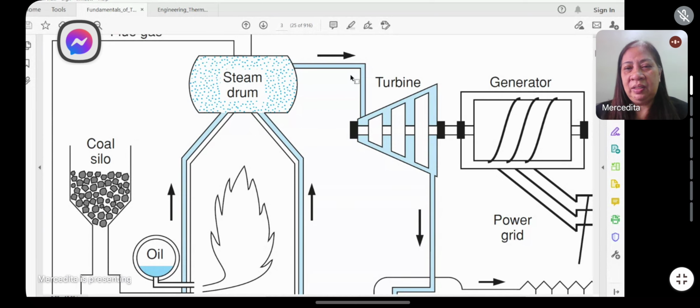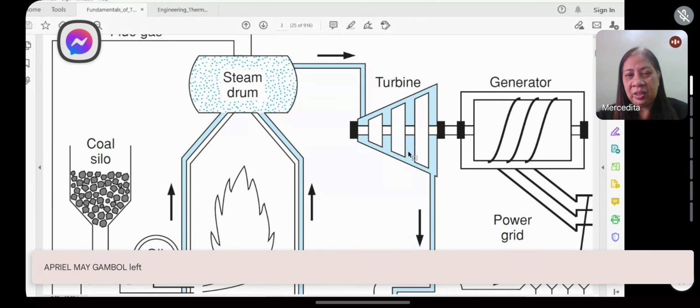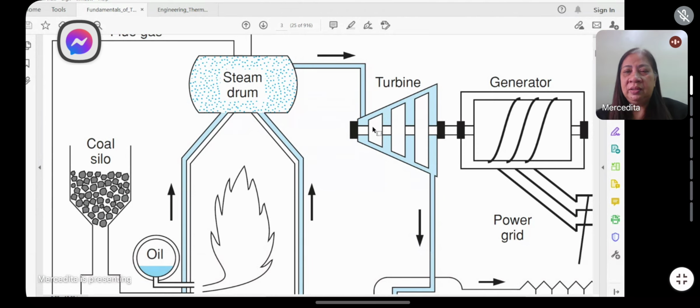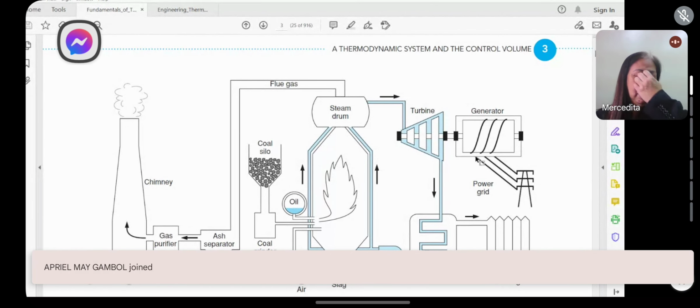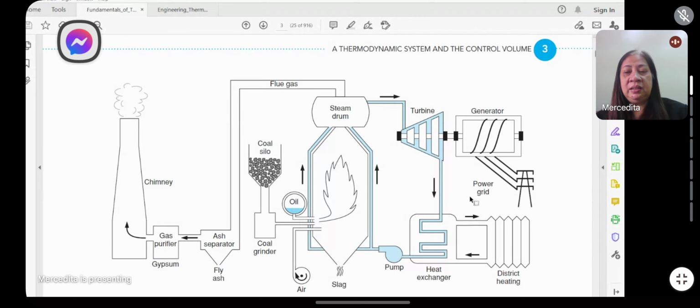So, wind turbine naman siya. So, again, sa turbine, may mga blades siya na kailangan umikot. So, pag umikot naman siya, nakacouple siya sa shaft, and yung shaft na yon ang nagpo-produce ng power. Okay, so, pag umikot siya, nakaka-produce siya ng work. And that is power. And yung power na yon ay dumadaan sa ating mga generator at dumadaan sa ating mga battery para merong supply sa ating power grid. Okay, so yung part na to ay electrical.